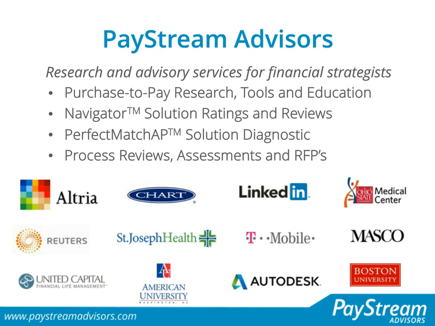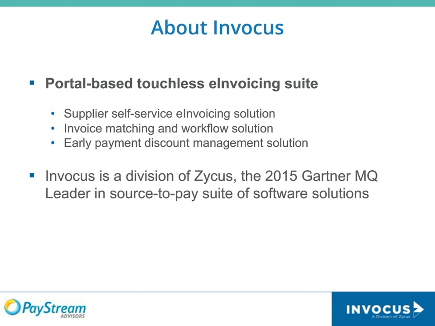Thanks very much, Jimmy. A little bit of background and context on Invocus. Invocus provides a portal-based and touchless e-invoicing suite of tools for electronic invoicing as well as full AP automation.